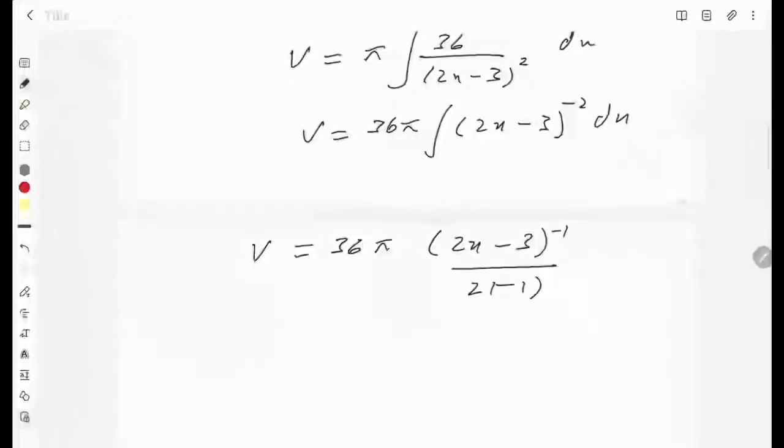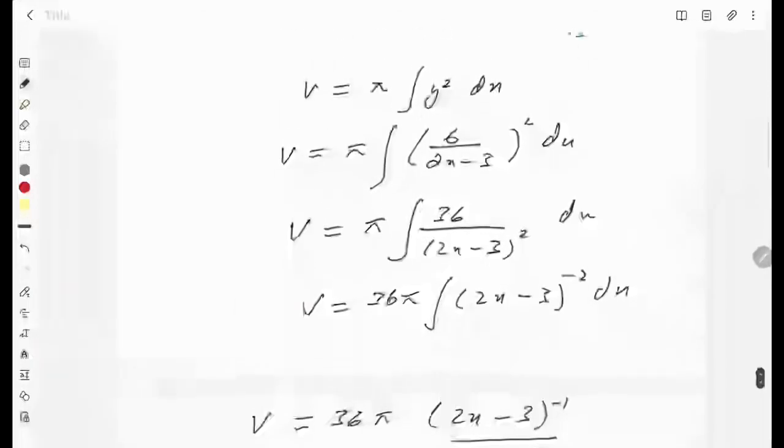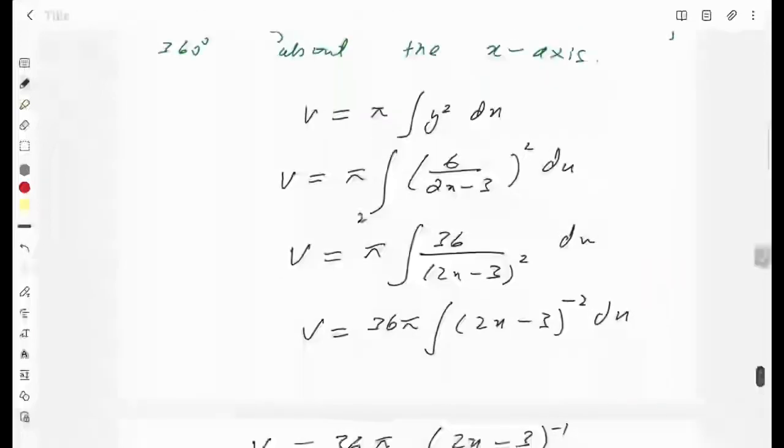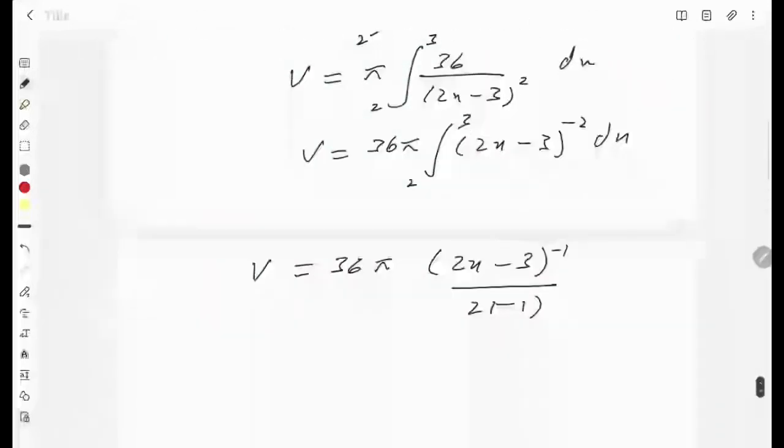And you have to put the limit 2 to 3, and you will write 2 to 3 over here as well. There is no need to write arbitrary constant c because limits are given.